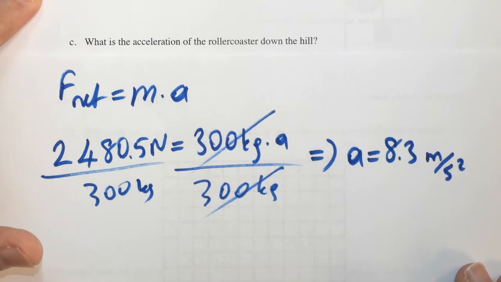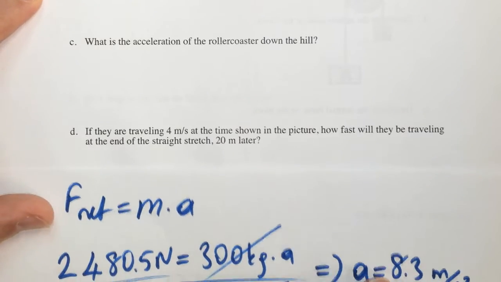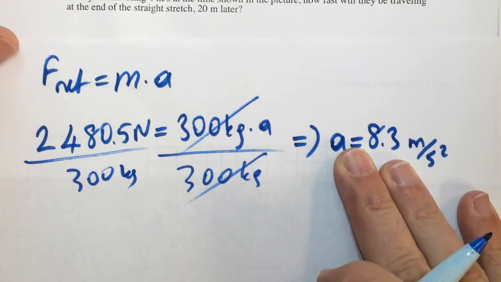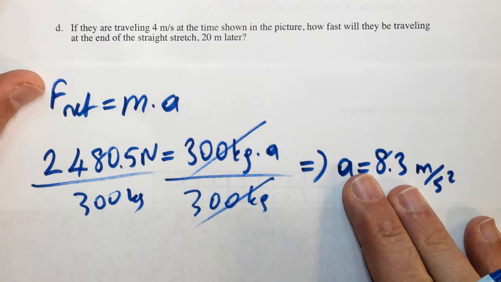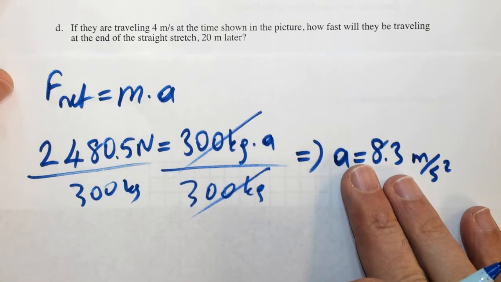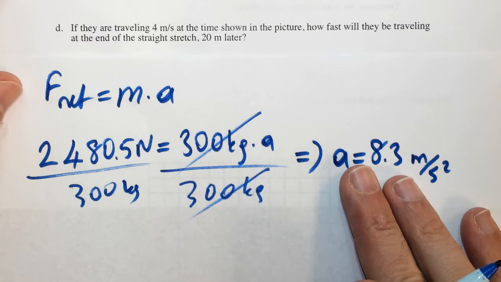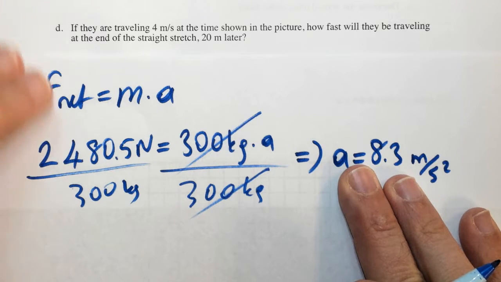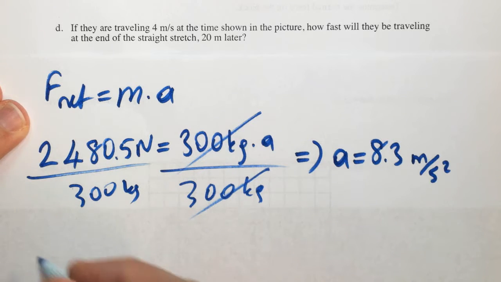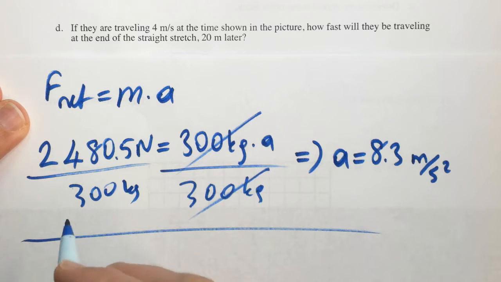Okay, now let's move on to the other question. If they are traveling 4 meters per second at the time shown in the picture, how fast will they be traveling at the end of the straight stretch 20 meters later?